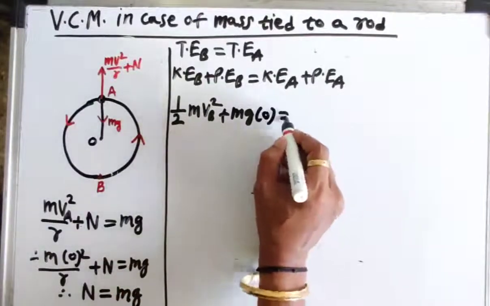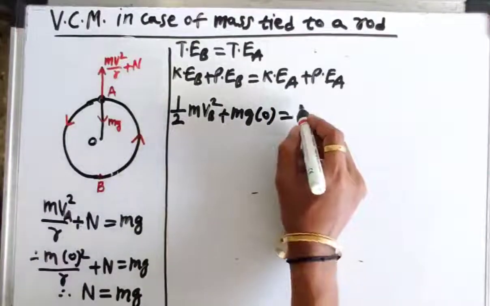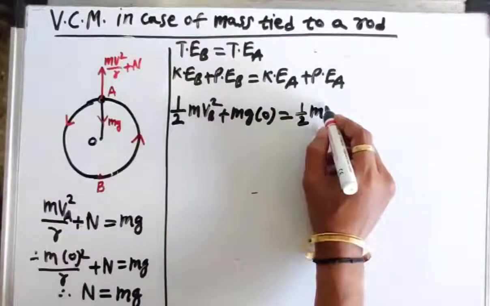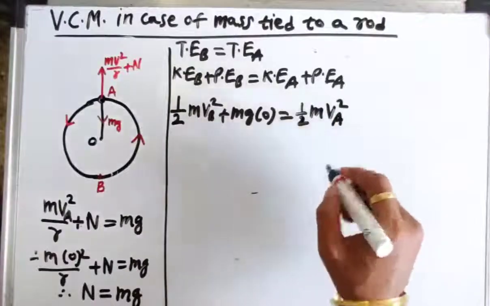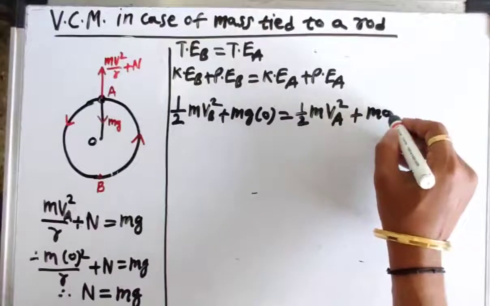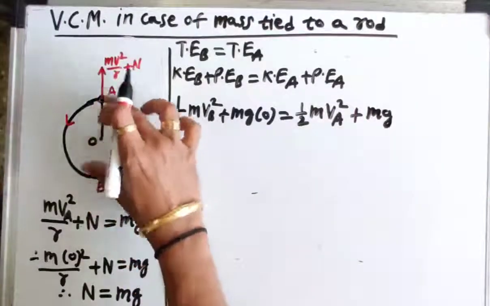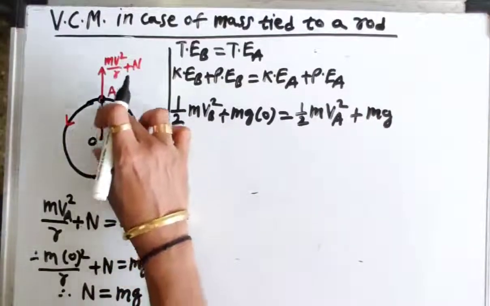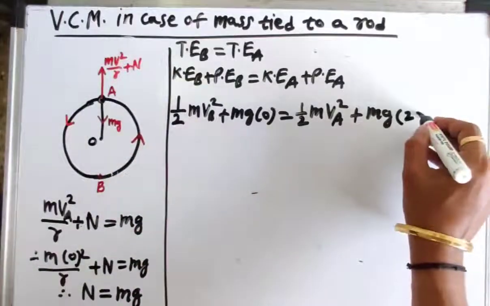This is equal to kinetic energy at A, half m vA square, plus potential energy at A, that is mg into the total height from B to A, r plus r, that is 2r.